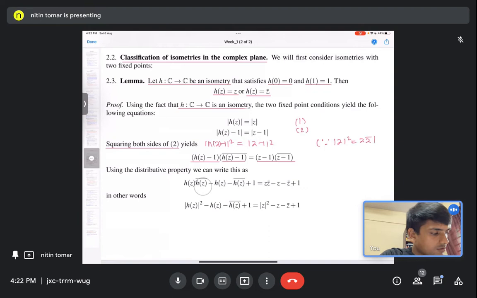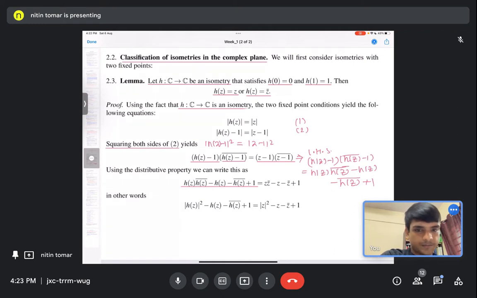Let me do the calculation. On the LHS you get (H(z) minus 1)(H(z) minus 1 bar), so the bar will split, and it will be equal to H(z) H(z) bar minus H(z) minus H(z) bar plus 1, which is the same as written over here. Similarly for the right hand side you will get this.